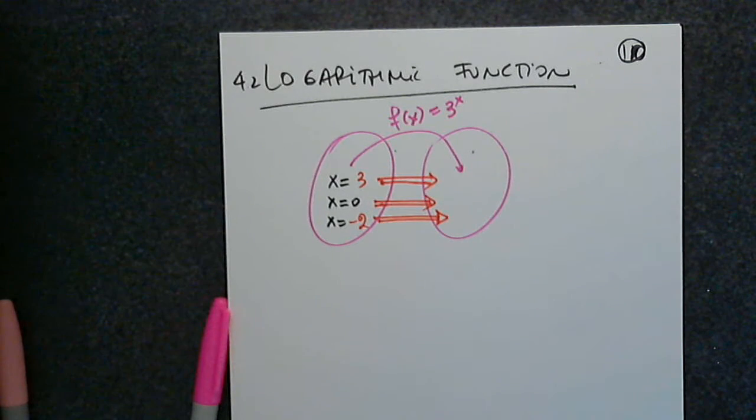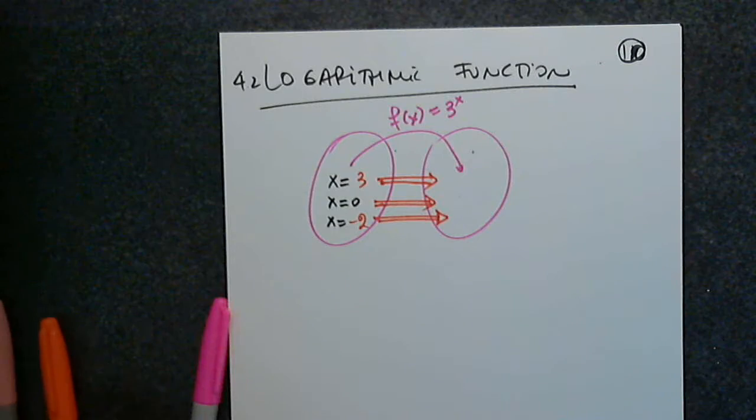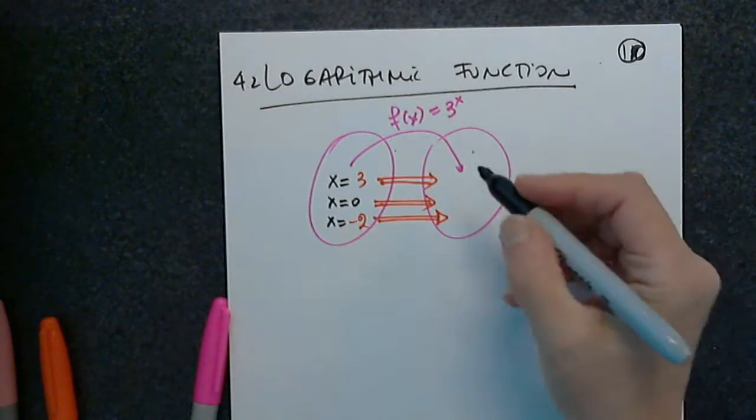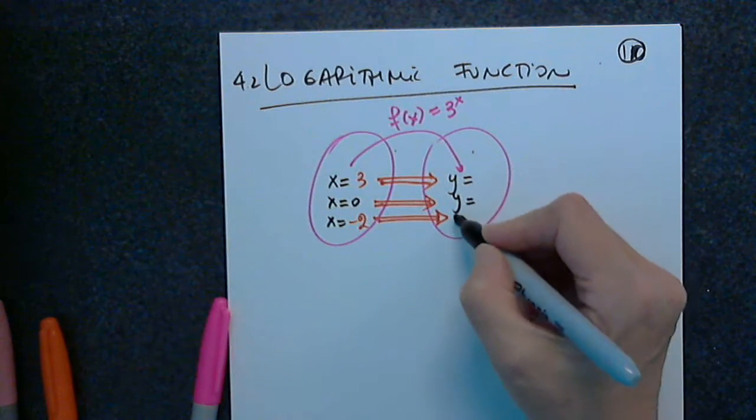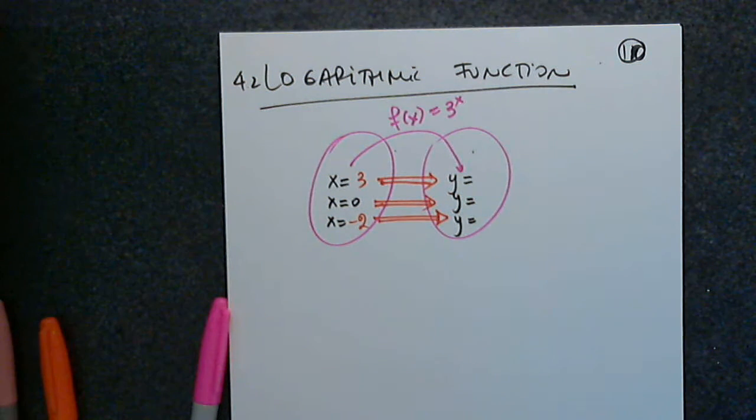Very good. And now please give me the y value for each. Take a moment and tell me the y value for each. You have to plug it in. You cannot just come up with numbers.